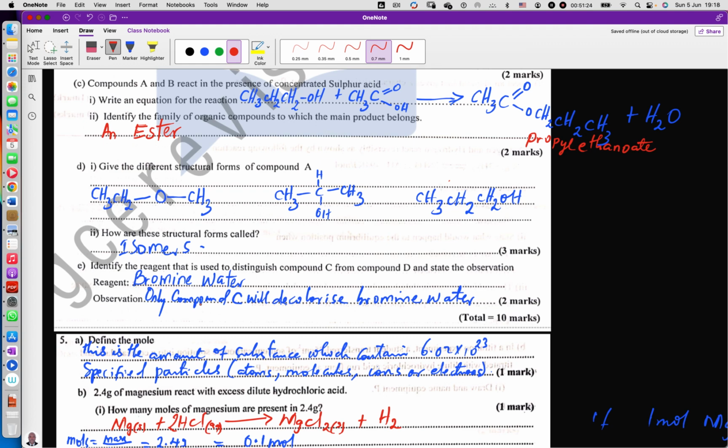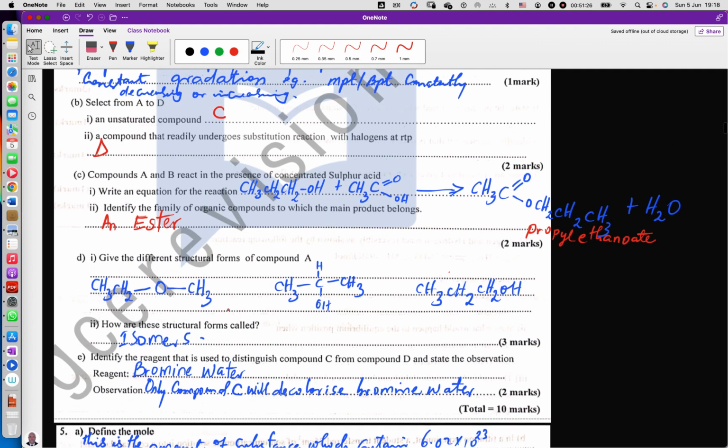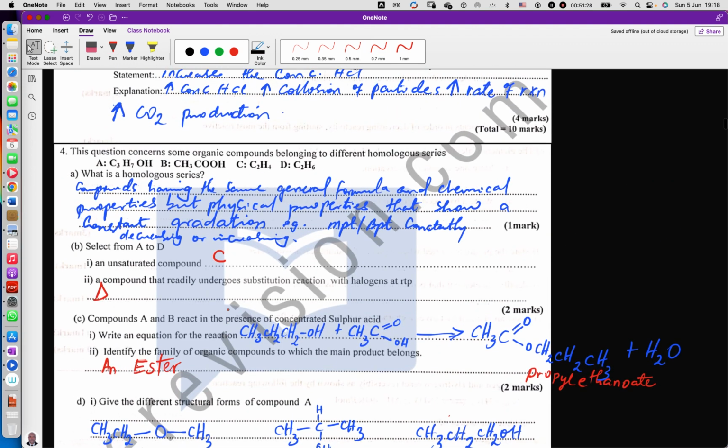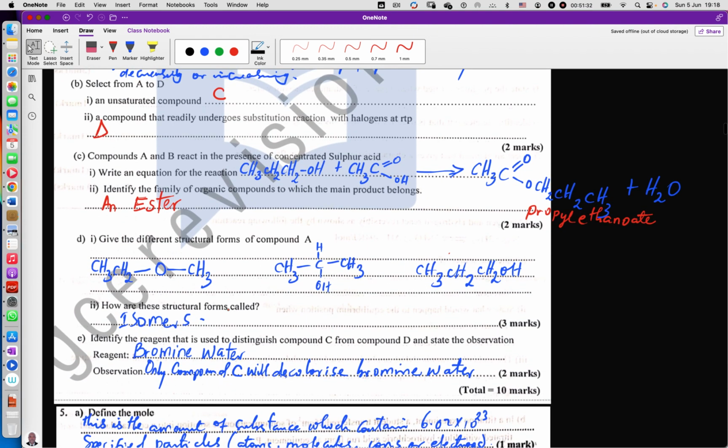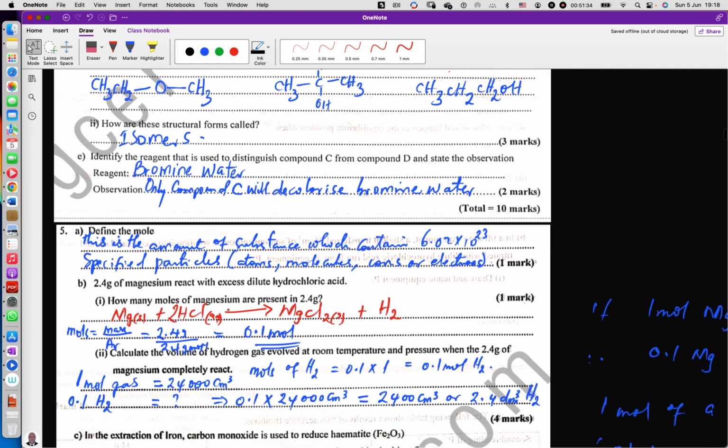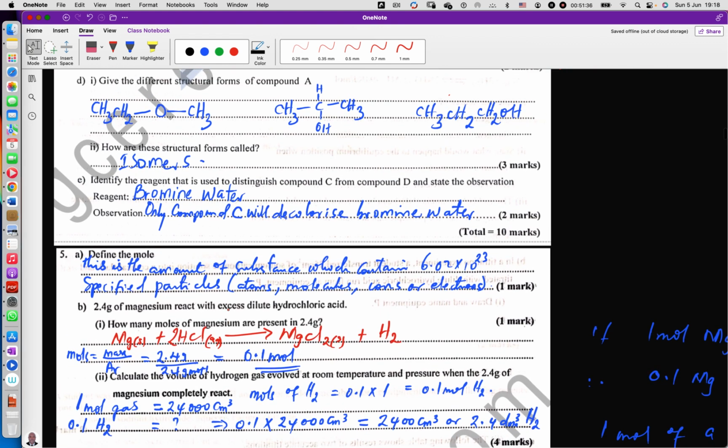Observation: only compound C, the alkene or the ethene, will decolorize bromine water.